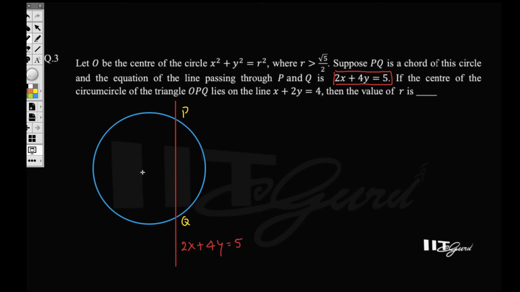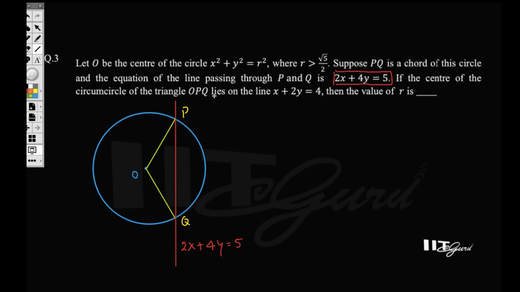So let this be O, and mark this point O somewhere here, which is the center of the circle. Now join this O point with P and Q.